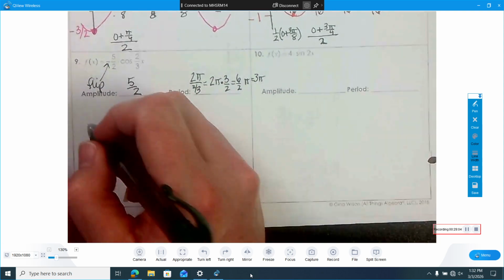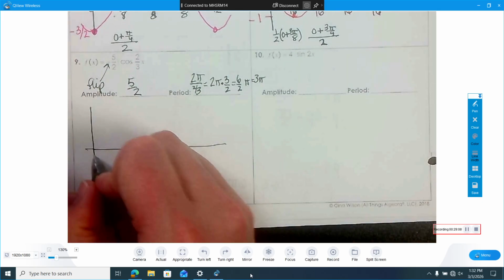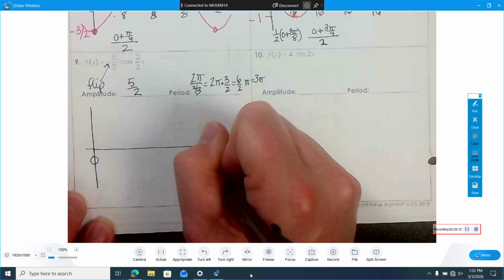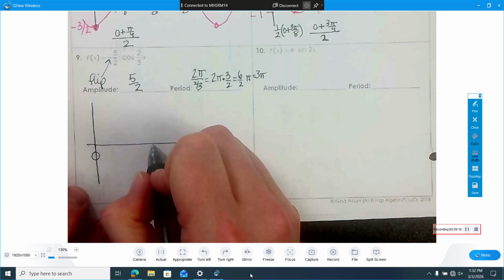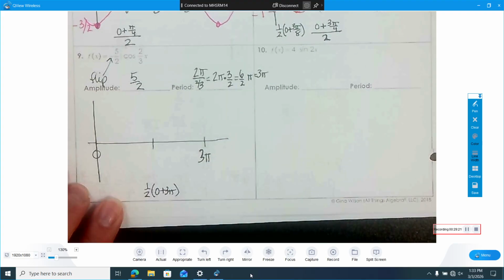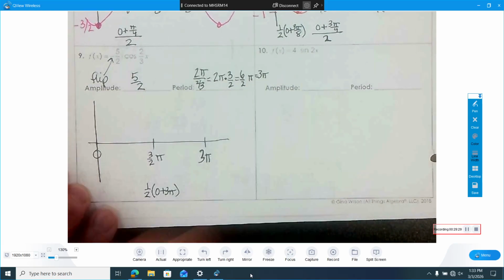Okay. So I have my vertical and I have my horizontal. We start at 0 and end at 3 pi. All right. I want to find a halfway point. What is halfway between 0 and 3 pi? Keep it as improper. 3 over 2 pi, 3/2 pi. Okay, good.